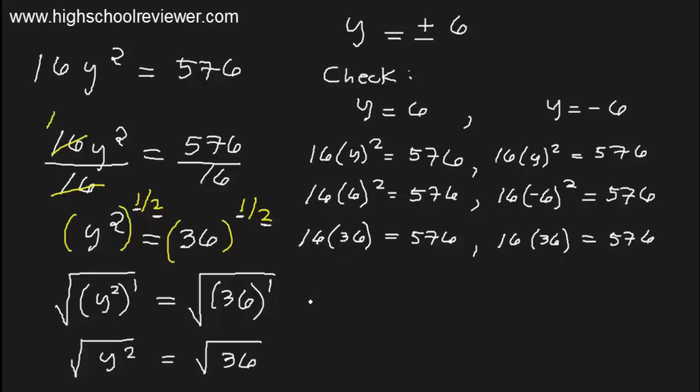So 16 multiplied by 36, 576, equals 576. Therefore, our answers, y equals positive 6 and y equals negative 6, are correct.